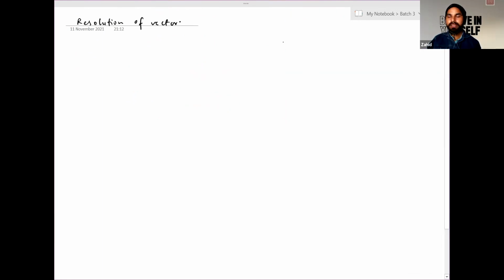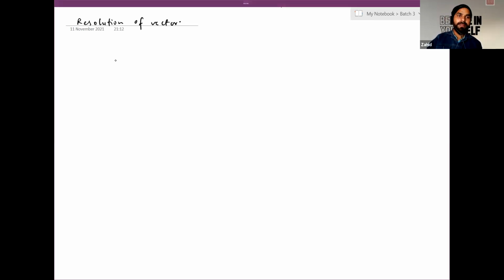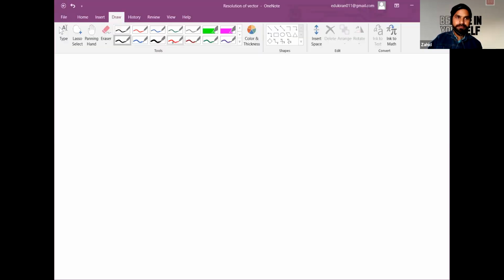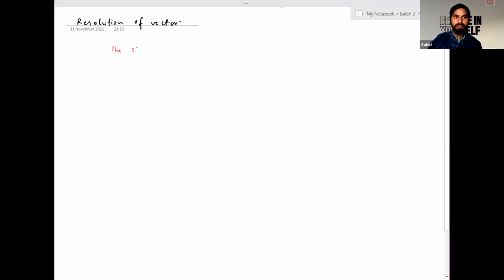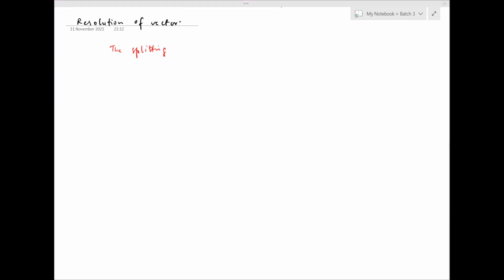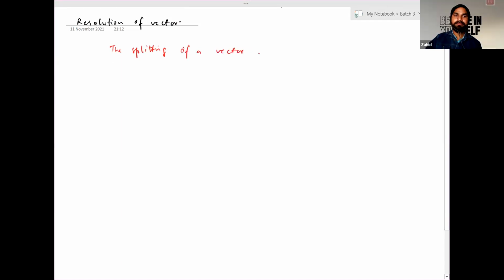But in this part, if you have a resultant, you have to split that resultant into different corresponding components, which is called resolution. So resolution is the splitting of a vector into their component.